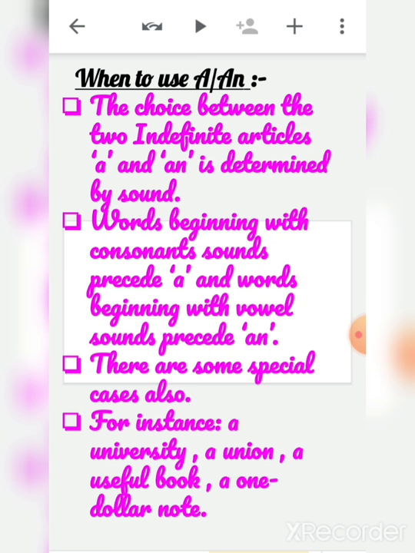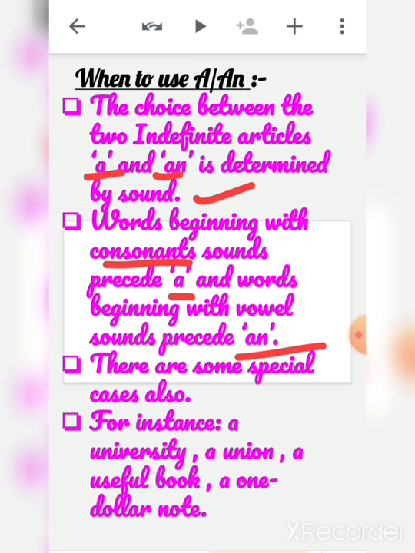Now let's see when to use a and an. The choice between the two indefinite articles a and an is determined by sound, as I have told you, right? Words beginning with consonant sounds take a, and words beginning with vowel sounds take an.